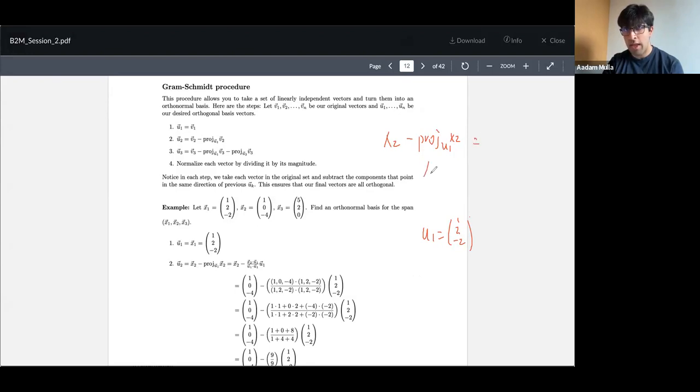We know that formula. Remember, we do the inner product of x2 with u1, divided by the inner product of u1 with itself, times u1. And this u1 is a vector. So this part gives you a scalar, but then you multiply that scalar by a vector. That's why this whole result is actually a vector.